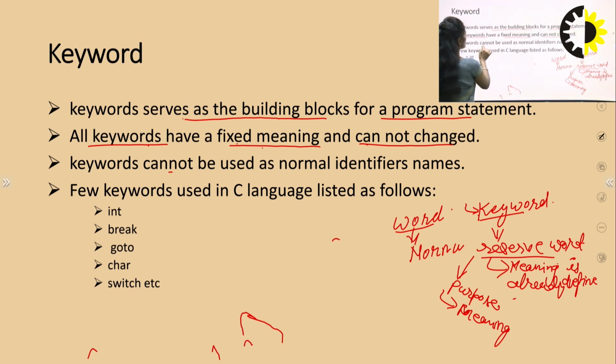Keywords cannot be used as normal identifier names. Among the keywords supported by C programming, int is used for integer type of values.